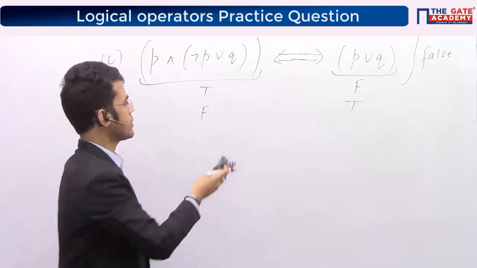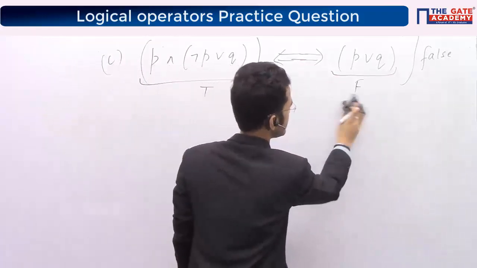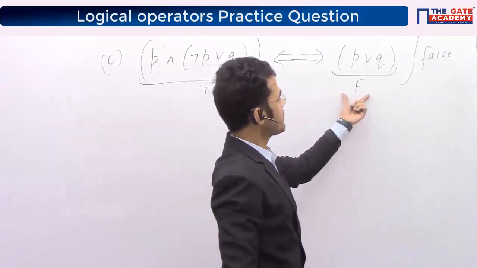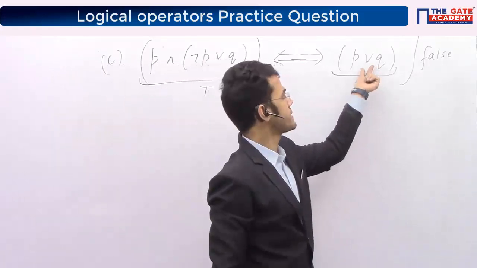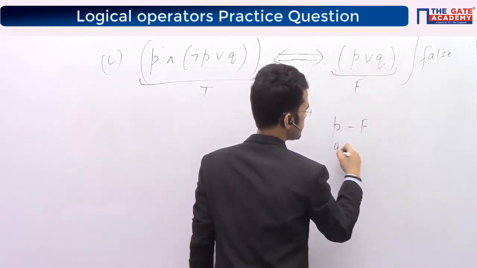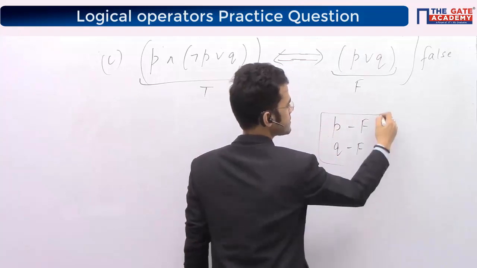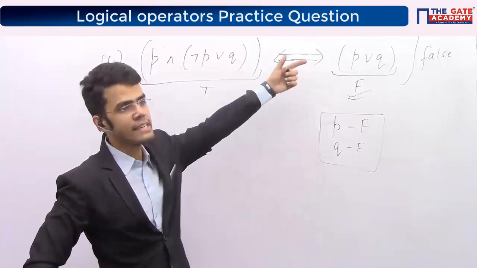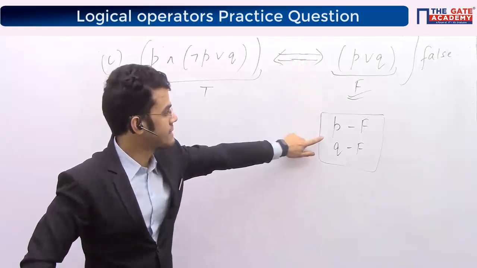So I'm trying the first combination. I have to make this false. The OR operator says both false will give me false, so P has to be false, Q has to be false. With this, I got my right hand side to be false. Now let's check the left hand side.